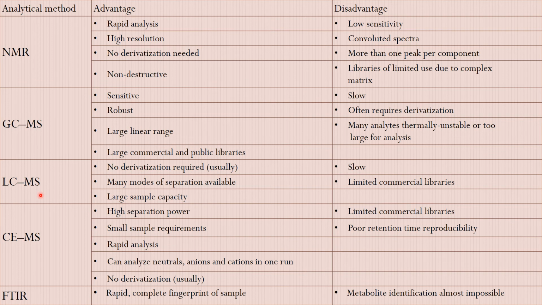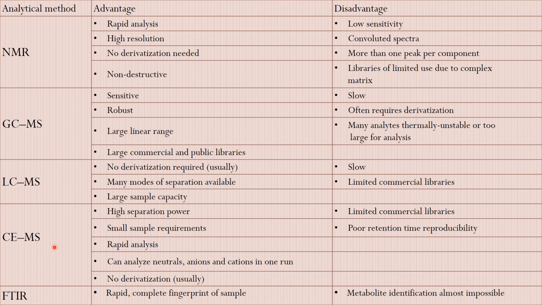Now next is the LCMS, that is liquid chromatography mass spectrometry. Here no derivatization is required. Many modes of separations are available and it has large sample capacity. But the disadvantage is that it is slow and the available libraries of molecules are very limited.